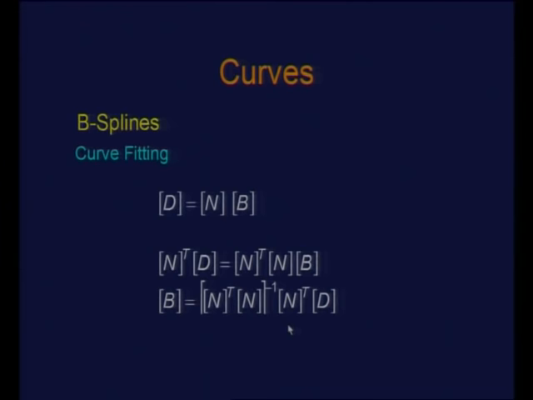Now, one of the things still to be determined are the parameter values t. So, the question is, how do we compute these parameter values t? If you recall, we have discussed parameterization in cubic interpolating splines. We had uniform parameterization and we also had chord length parameterization.